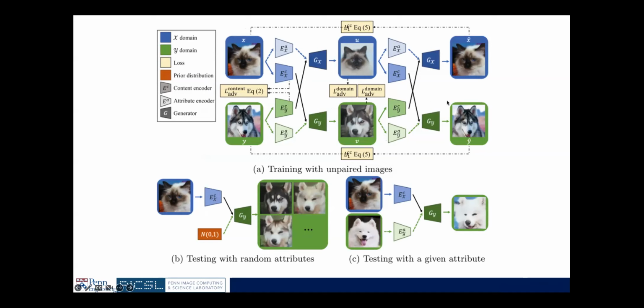So let's try to break down this massive, complicated figure. Let's say I want to do an image translation from this cat to this dog. Both the cat and the dog are made up of content and style. The content for the cat would be the way that it is looking: it is looking more towards the left.